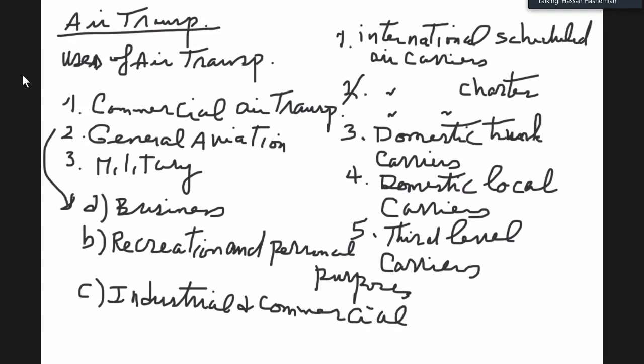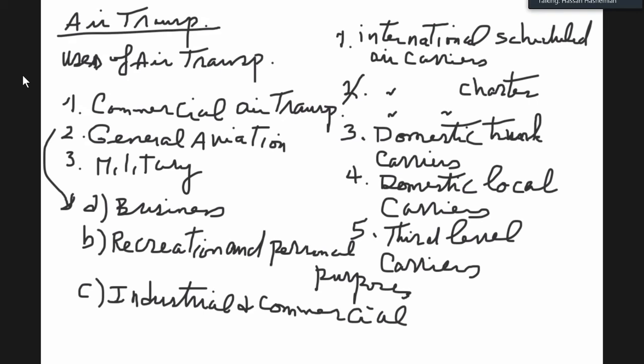So general aviation, mainly they are smaller airplanes that you can rent or hire. A lot of businesses or corporations have their own airplane. So those are considered general aviation, for moving, like, the president, vice president, financial officers from one point to another. Those are private airplanes.